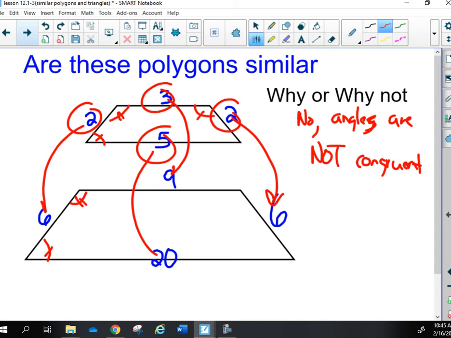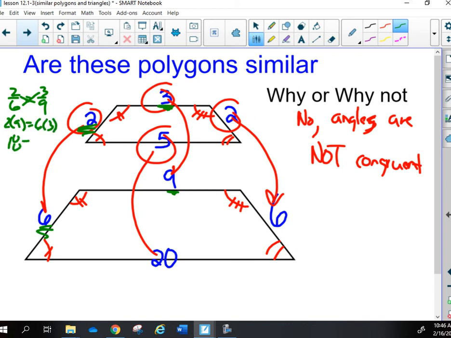If I have to come up here and mark all these angles, and I mark that all these angles are equal like I'm doing right now, then you have to come up here to step 2. Then you see, are this side and this side proportional to one another compared to that side and that side right there? 3 over 9, cross multiply. 2 times 9 equals 6 times 3.